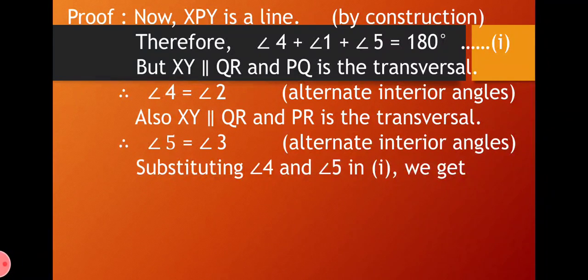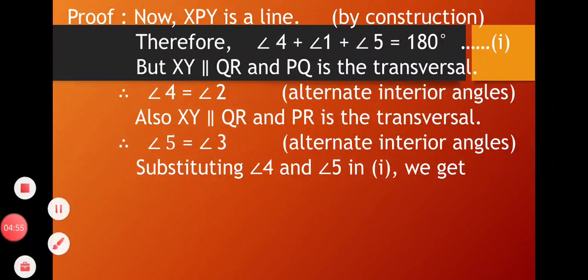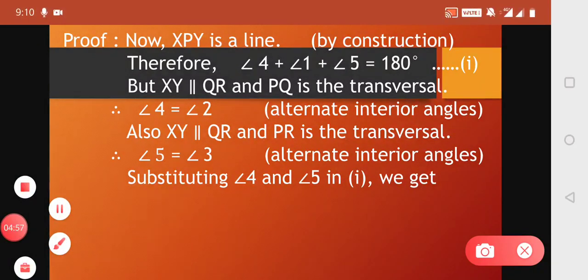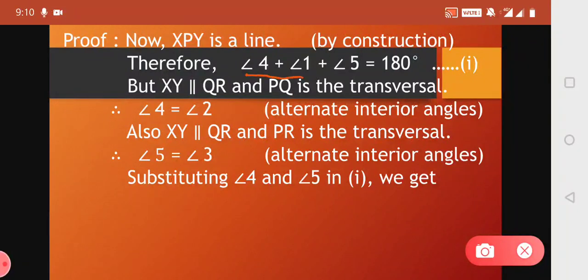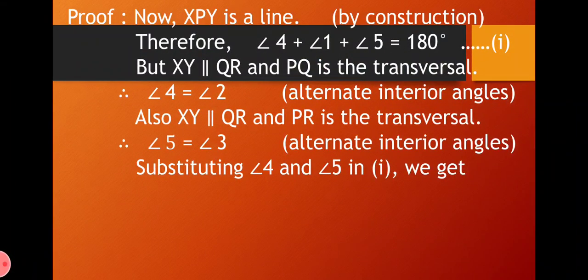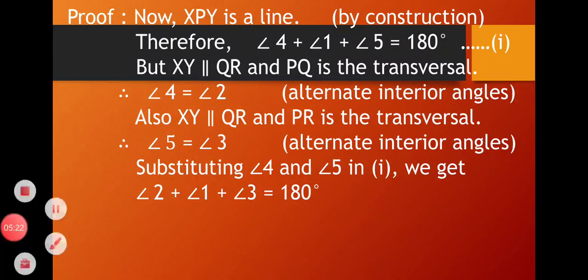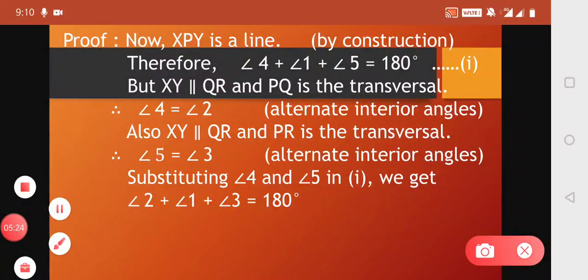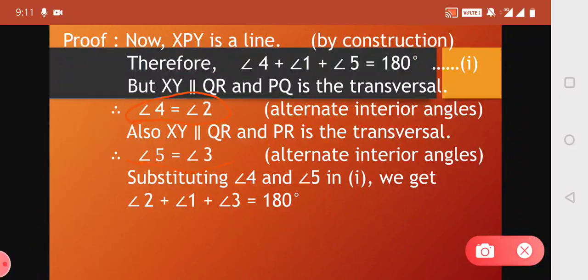Substituting the values of angle 4 and angle 5 in equation 1, which is angle 4 plus angle 1 plus angle 5 equal to 180 degrees, we get angle 2 plus angle 1 plus angle 3 equal to 180 degrees, because angle 4 is equal to angle 2 and angle 5 is equal to angle 3.